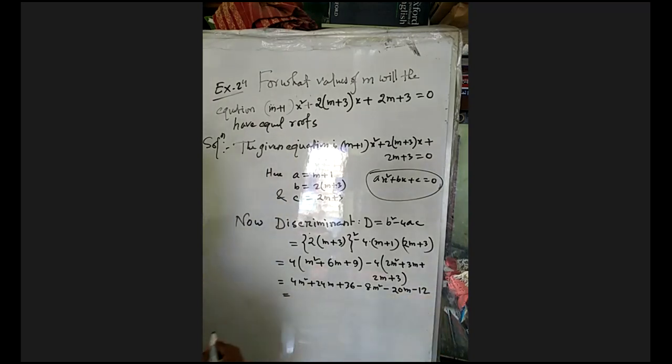This can be written as minus 4m² plus 4m plus 24. This is actually the discriminant.